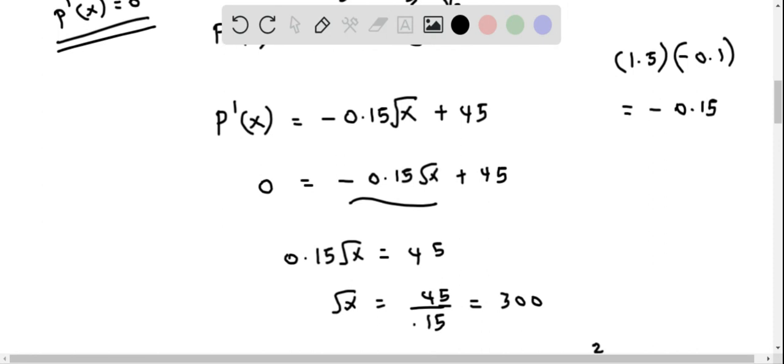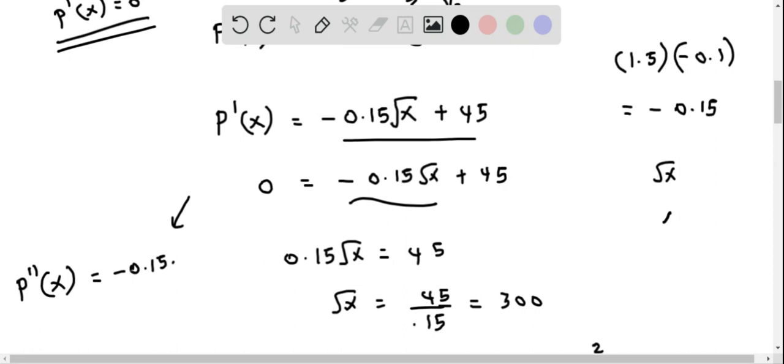In fact, we can also verify that by taking the second derivative of the profit function. So we find the second derivative of the profit function. This equals, we have to find the derivative of this expression. We put this negative 0.15, and the derivative of root x, we can write root x as x to the power 1 by 2. So we find its derivative, and this gives 1 by 2 times x to the power 1 by 2 minus 1, which is negative 1 by 2.